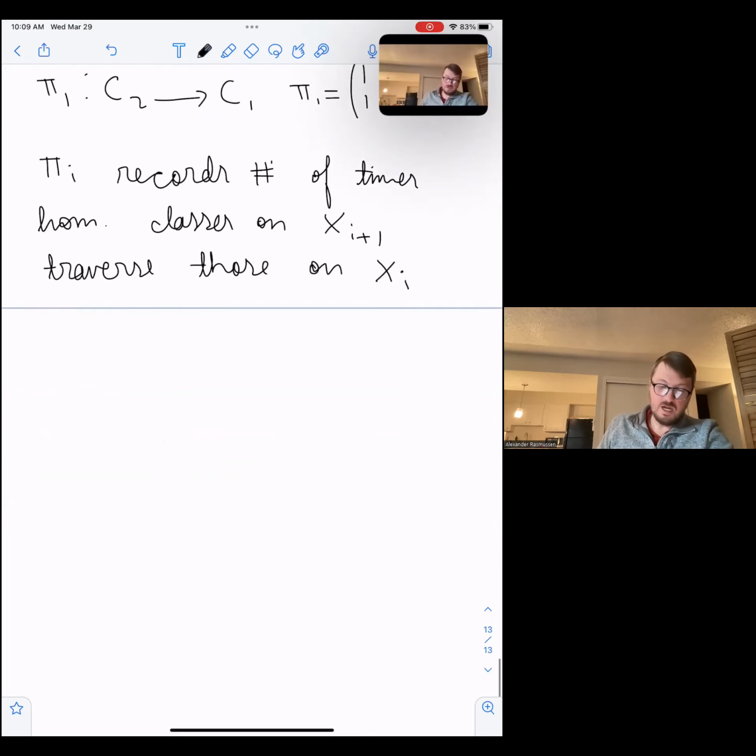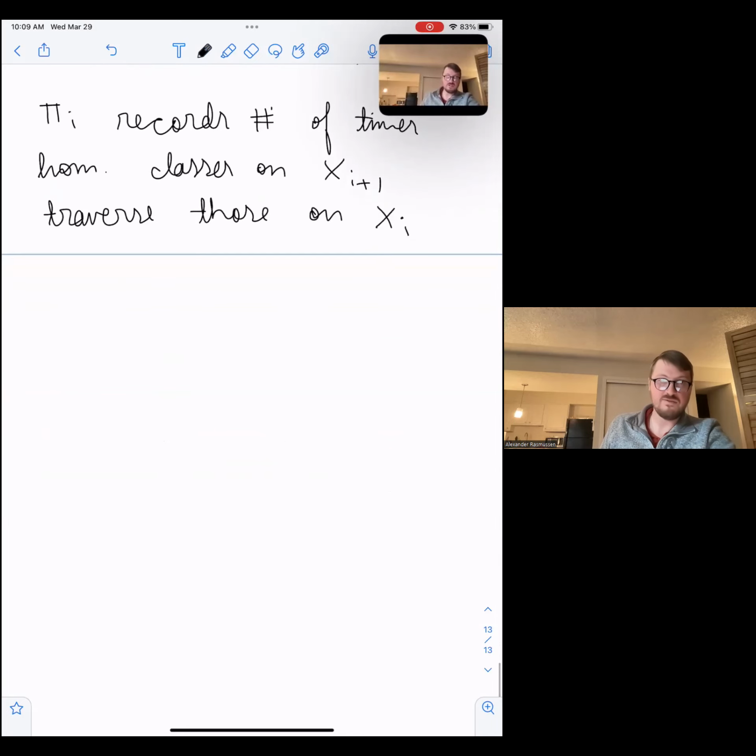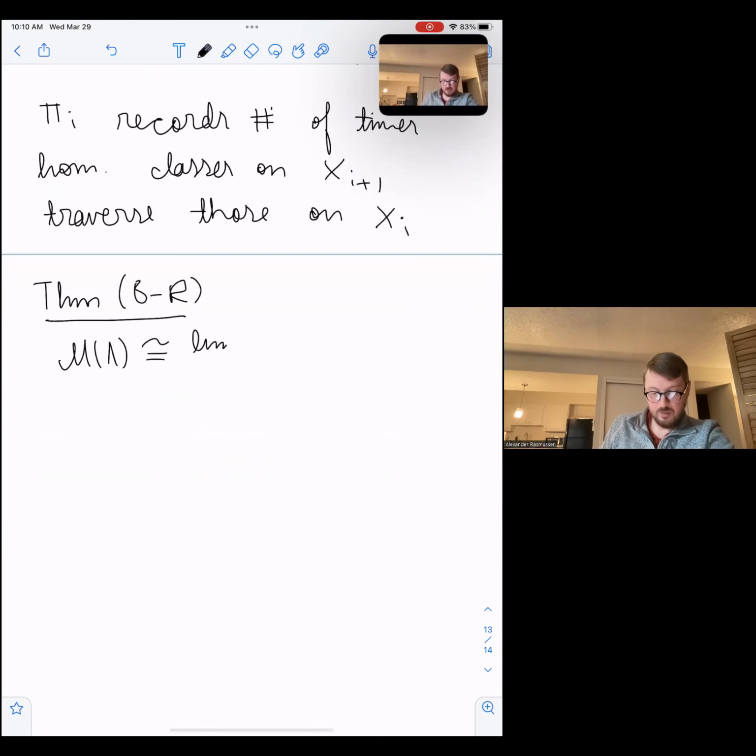So now we can state a really explicit version of our theorem. So here's the explicit version. So the cone of transverse measures M of lambda is linearly homeomorphic to the inverse limit of these cones Ci together with these linear maps pi i.